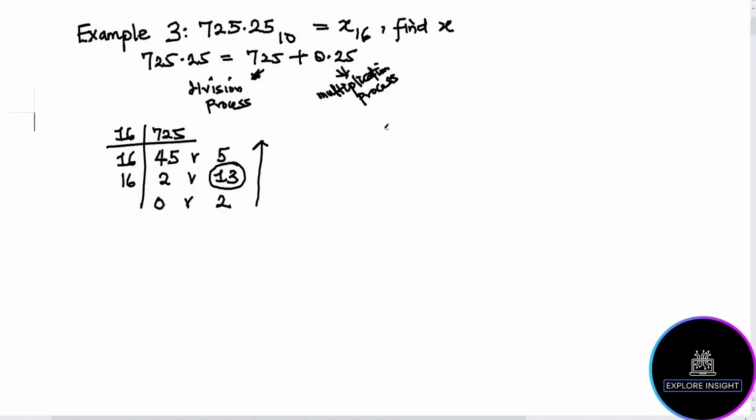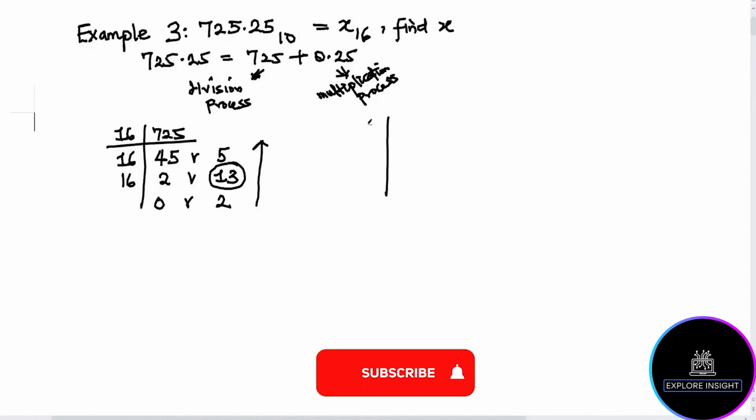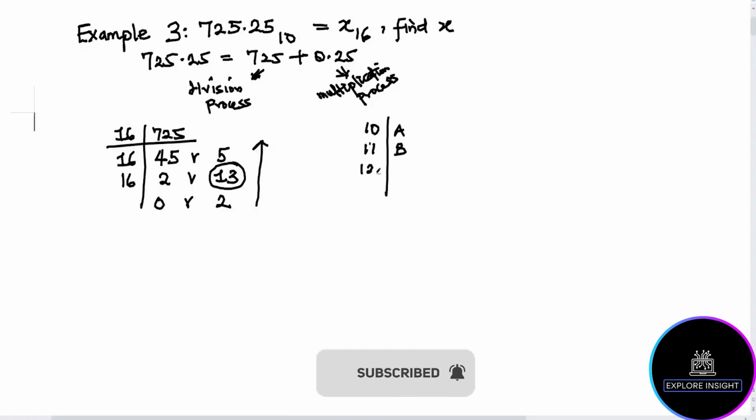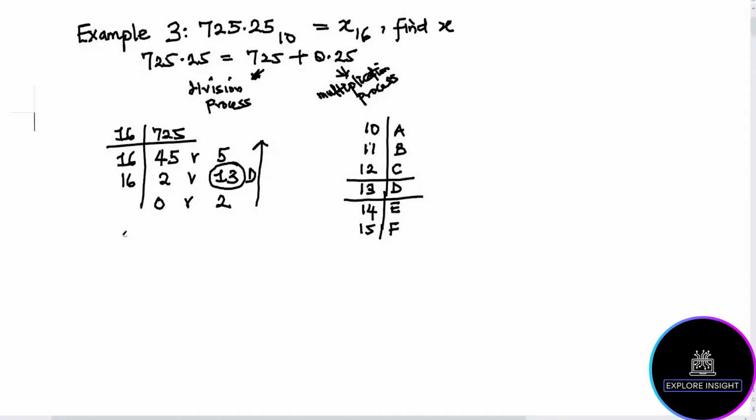From our previous video, in hexadecimal form, 10 is represented as A, 11 is represented as B, 12 is represented as C, 13 is represented as D, 14 is represented as E, 15 is represented as F. So in this case we can see that our 13 is D. So we have to change the value to D. That literally means that 725 will be 2D5.